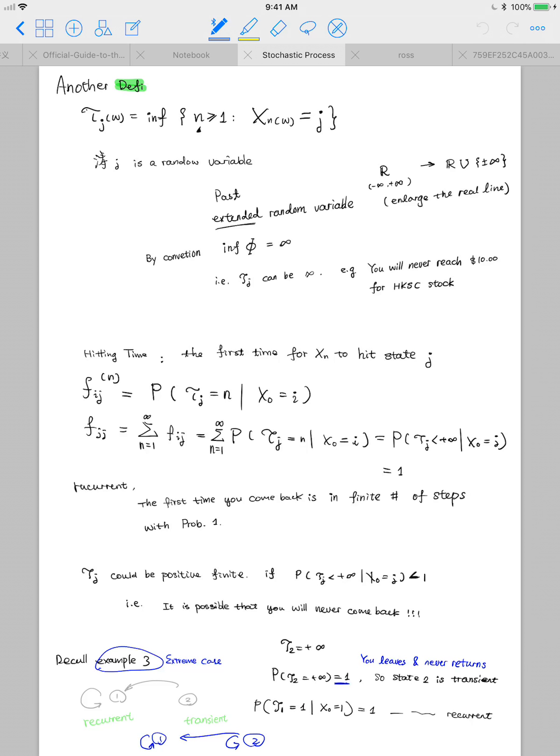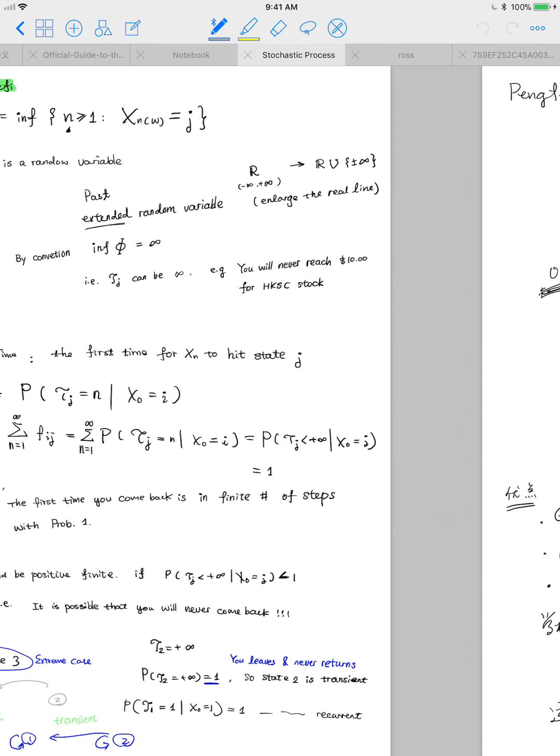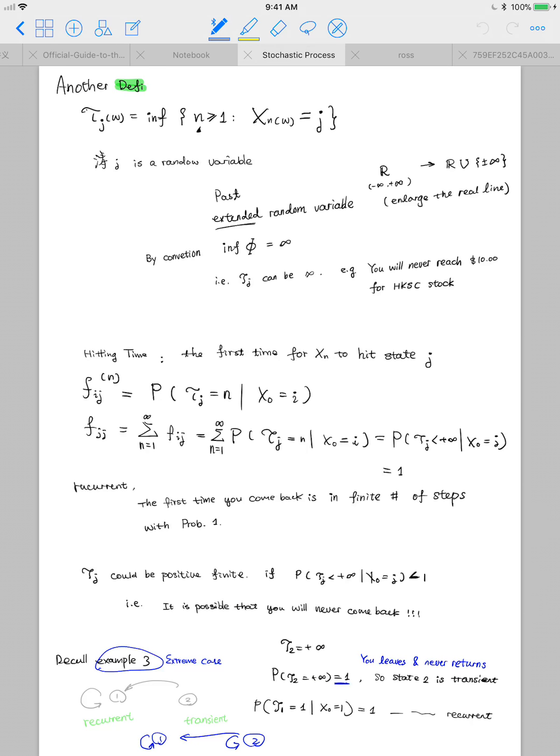However, it is better to understand under another definition by defining tau j. Tau j is a random variable, formally defined as the infimum of all the n's such that Xn(omega) equals j. It means the first time for Xn to hit state j.